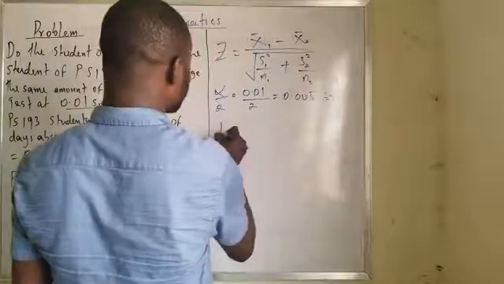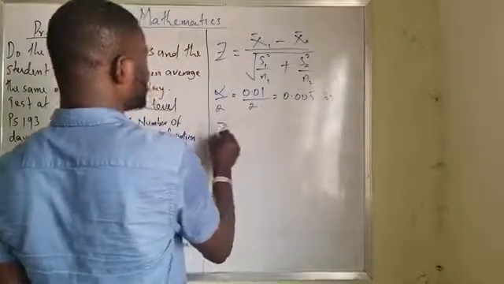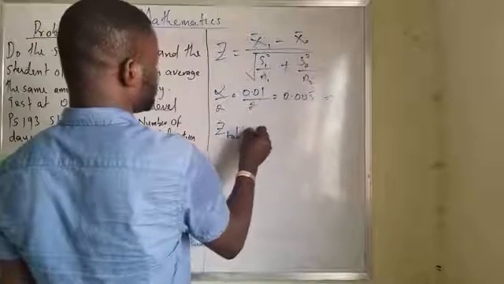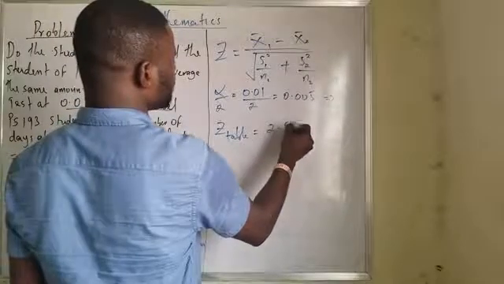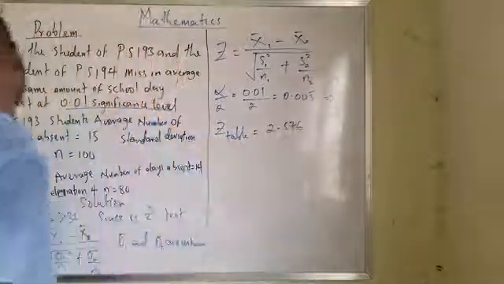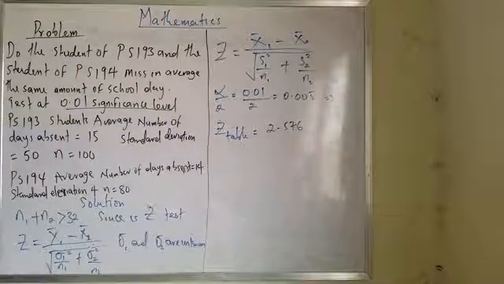So my Z table equals 2.576. That is my Z table.